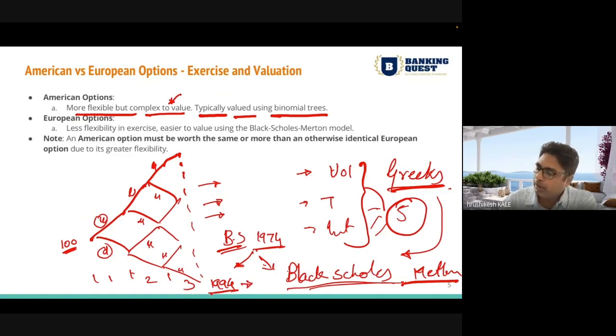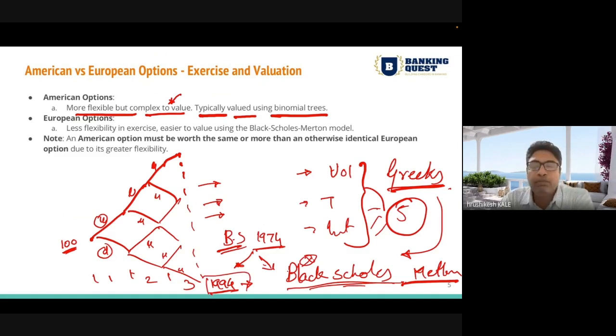Till 1994, I think Black had also died. So Scholes and Merton got the Nobel Prize for their great formula of the Black-Scholes option pricing model.